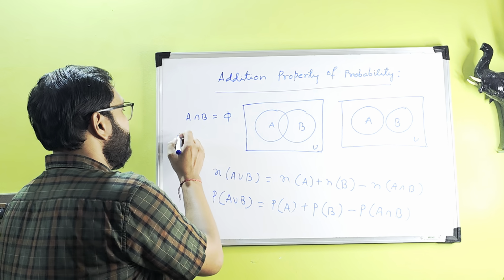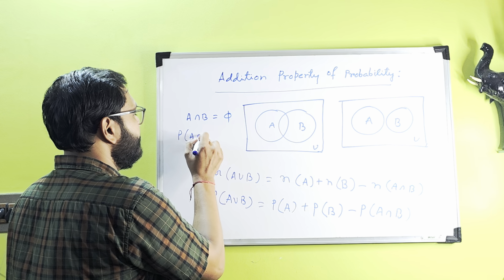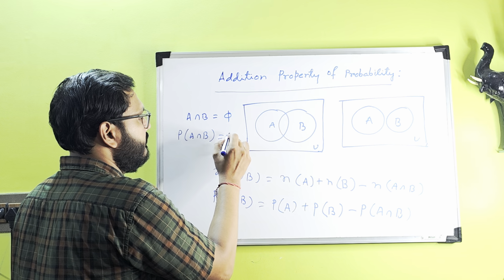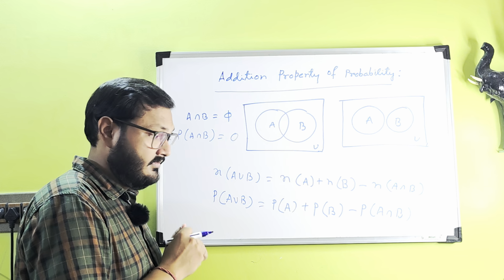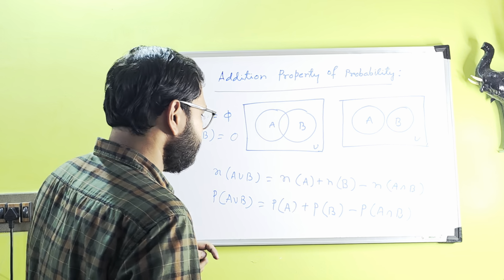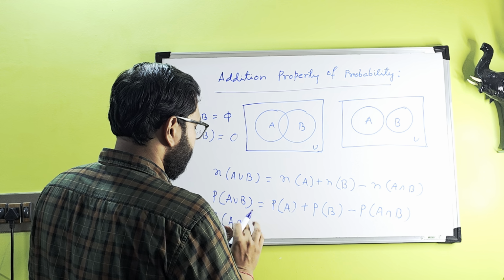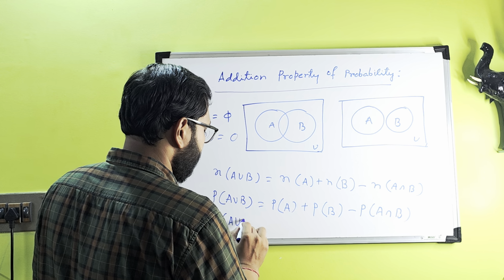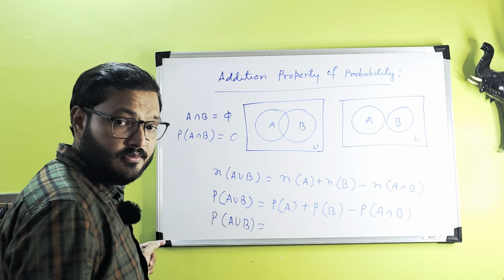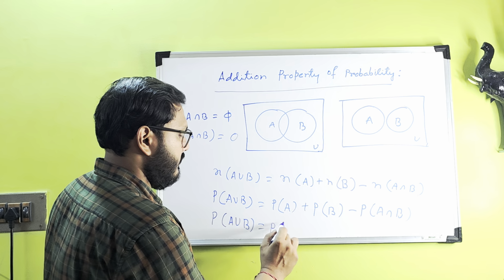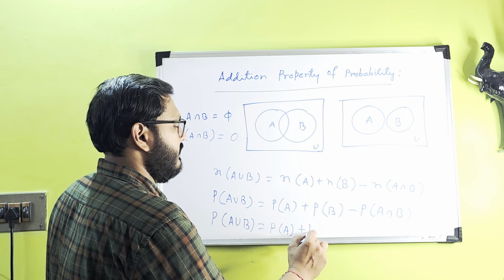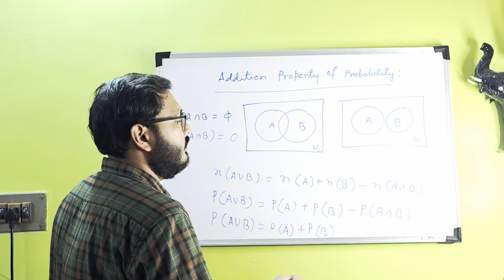So the probability of A intersection B will be 0, and from there we can say the probability of A union B equals the probability of A plus the probability of B only.